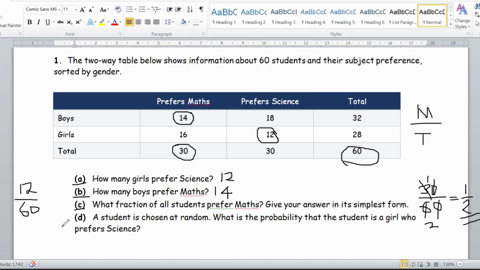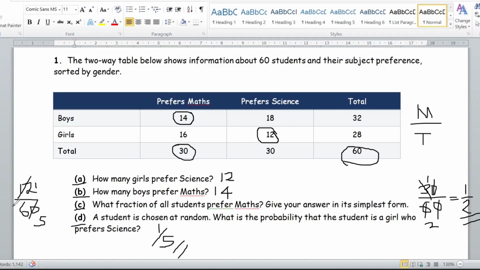For question D, all we need to do is simplify. 12 here is 1 and 12 here is 5. So our answer for question D should be 1 over 5. That should be our final answer.